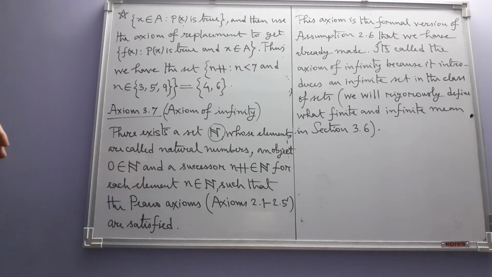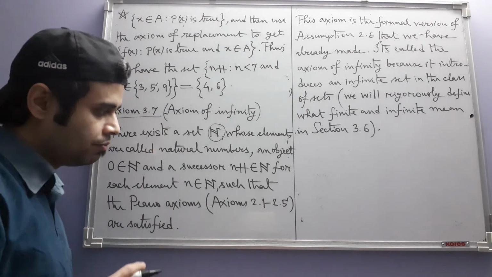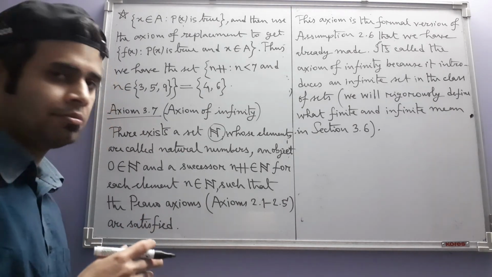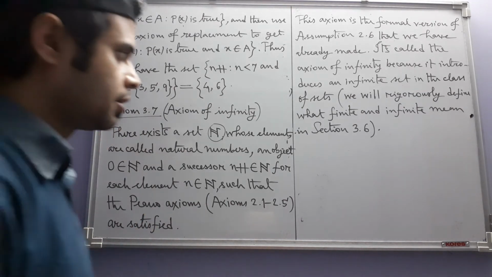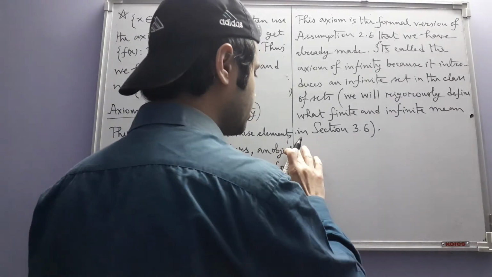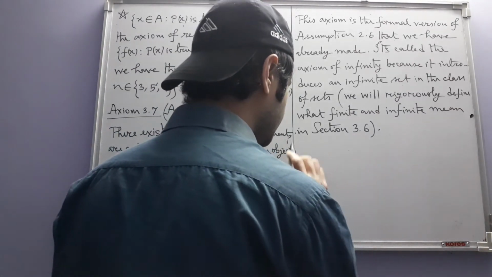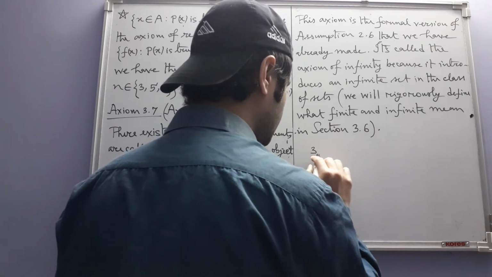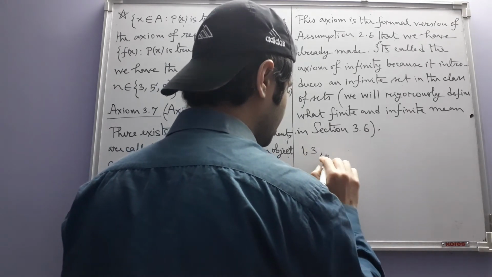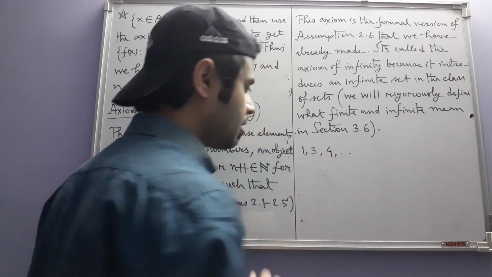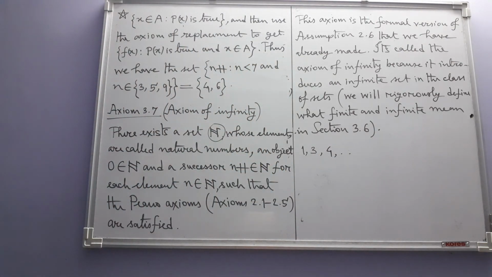And this axiom also tells us one more thing. You see, we have been using in many of our examples the fact, although we haven't explicitly mentioned it, that the natural numbers are objects in set theory.